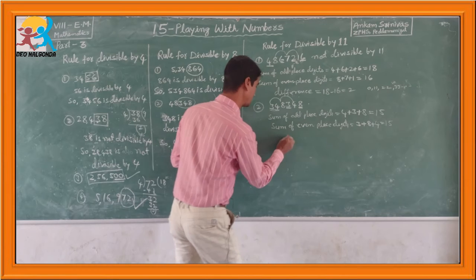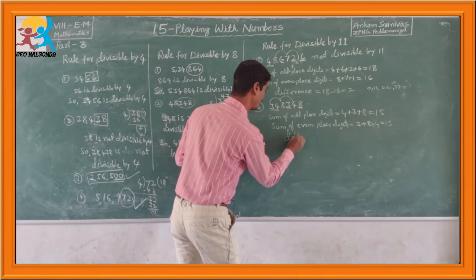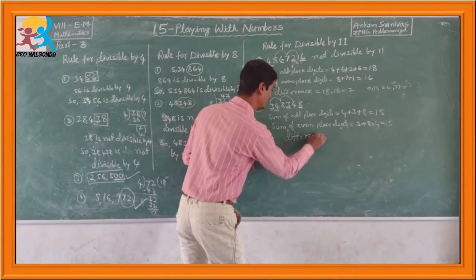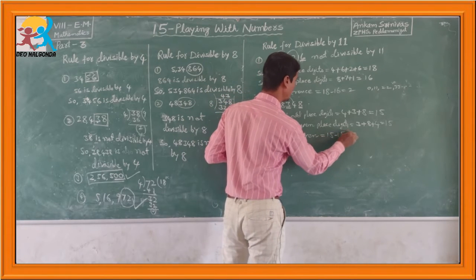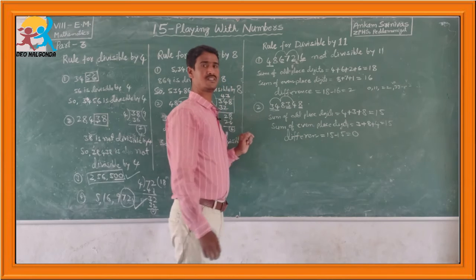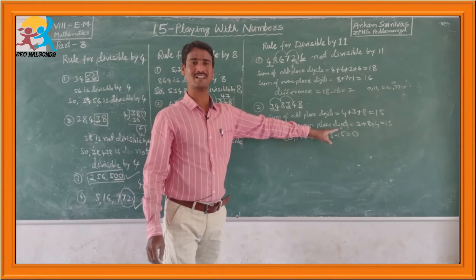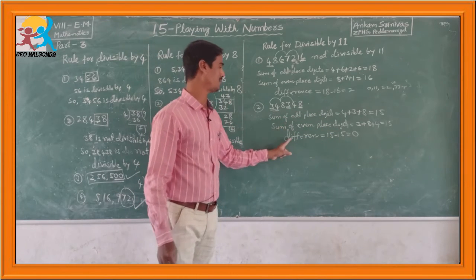So find the difference. Difference, children, is 15 minus 15 equals 0. So 0 is divisible by 11, so the given number is also divisible by 11.